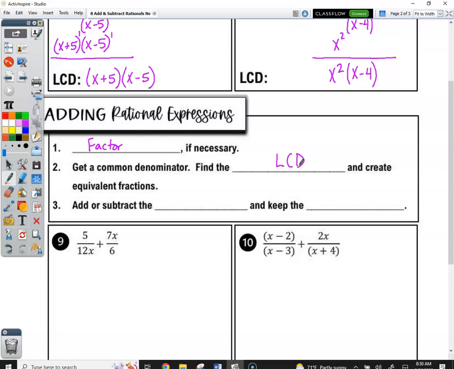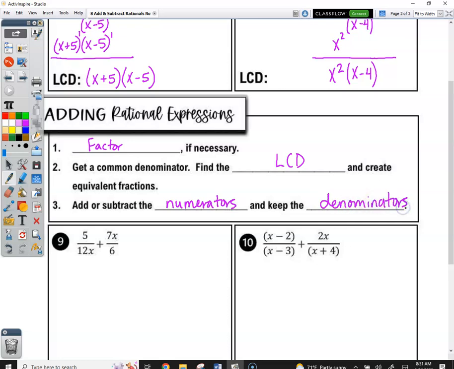We're not solving here, so we must still have fractions. When we're adding or subtracting fractions, you add or subtract the numerators, and of course we keep our denominator.